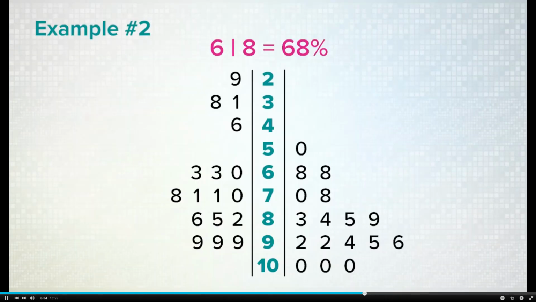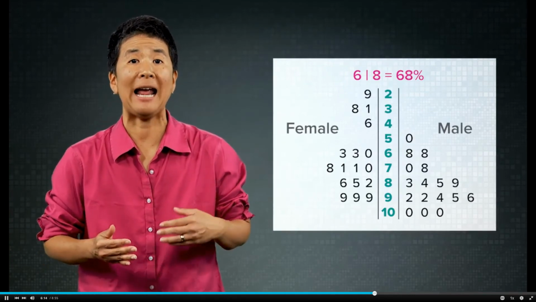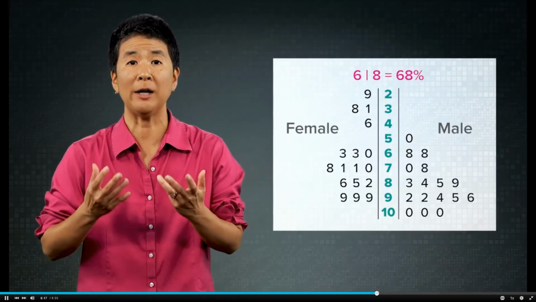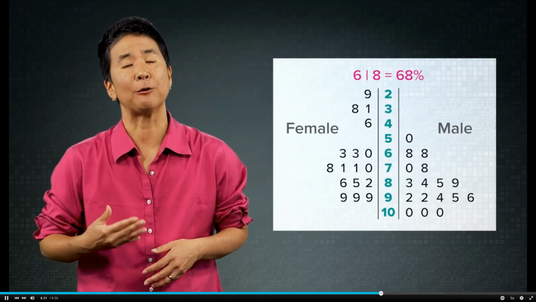Without the labels, I don't know which numbers belong to which group. So what you need to do is label the side that represents females and the side that represents males. In this case, you see both the female and the male literacy rates in one graph as one picture. Sometimes it's easier to compare the graphs this way.